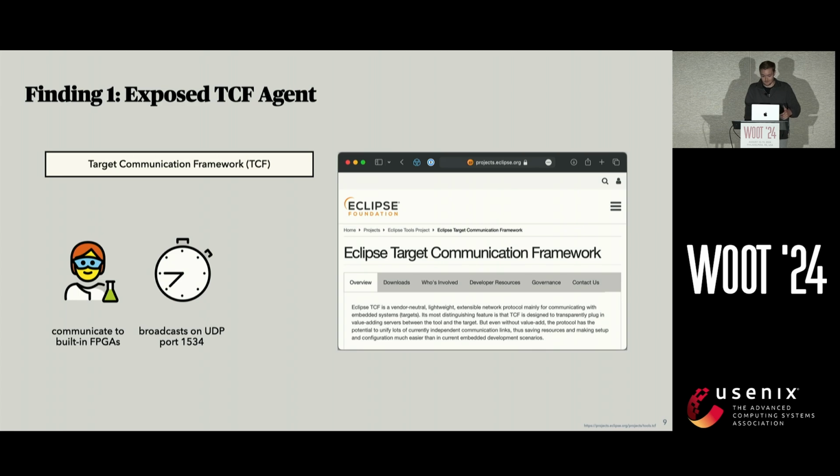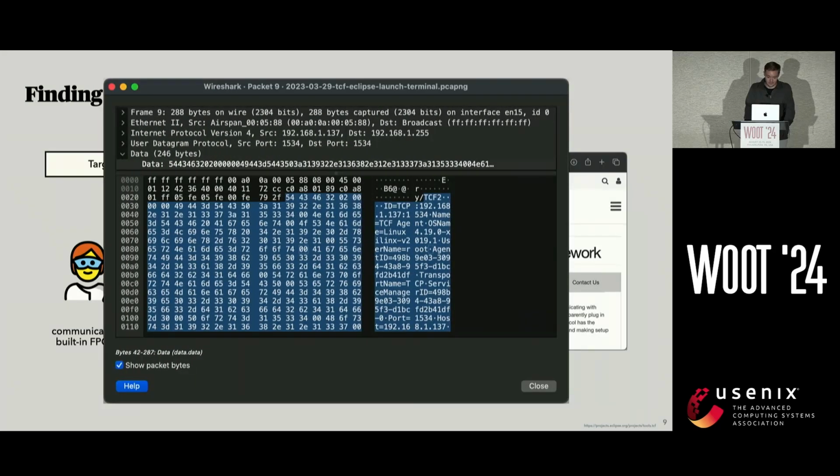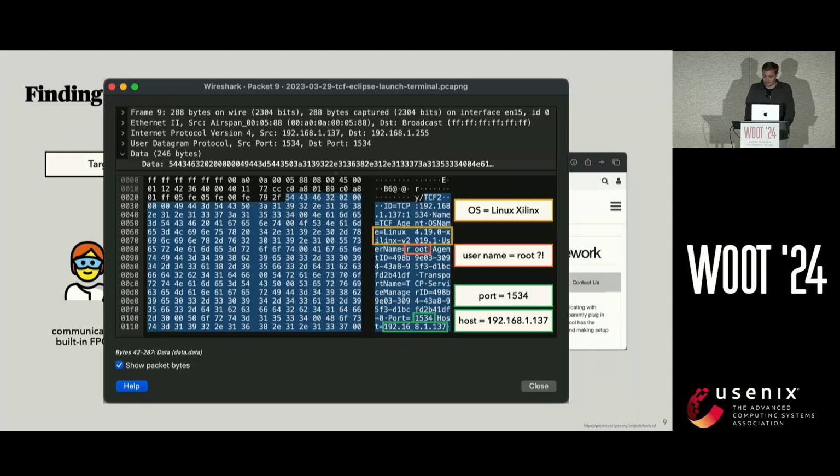We learned about the TCF agent because it conveniently broadcasts on port 1534 periodically, and when looking at this packet, we found, okay, it tells you the host, the port, it's fine. It also discloses the operating system, and then we found that it says username equals root. Got us curious.